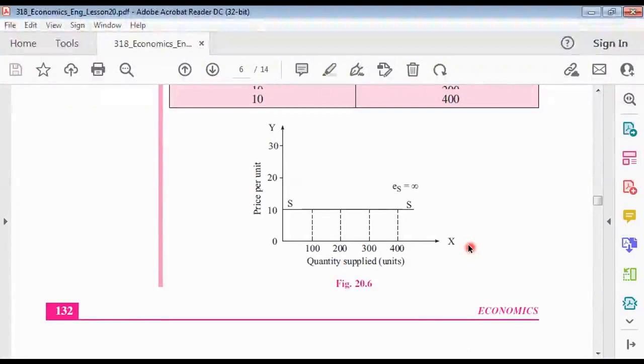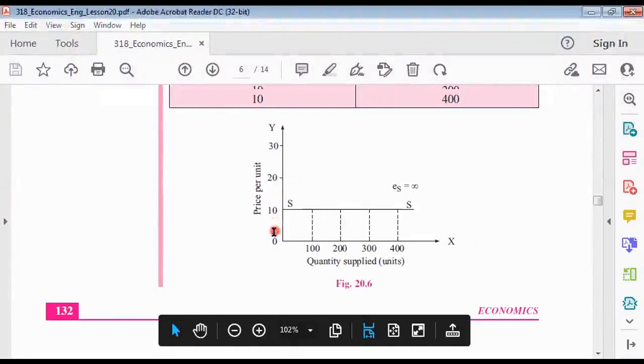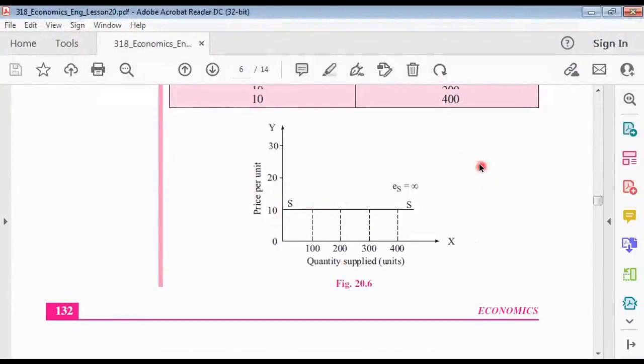And putting in the formula, you'll be putting a 0 in the denominator. Why? Because you do not find any change in price. So it could be 50% by 0, it could be 100% by 0, it could be 30% by 0, whatever percent divided by 0%, because that's the percentage change in price.